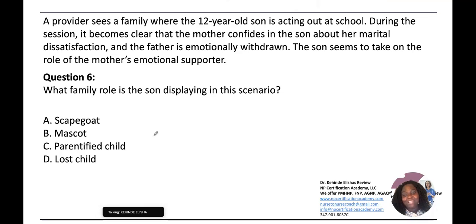Parentification, a parentified child. This happens more often than not, right? A 12-year-old son is acting out at school. During this session, it becomes clear that the mother confides in the son about her marital dissatisfaction, and the father is emotionally withdrawn. The son seems to take on the role of the mother's emotional supporter. So that is parentified child.